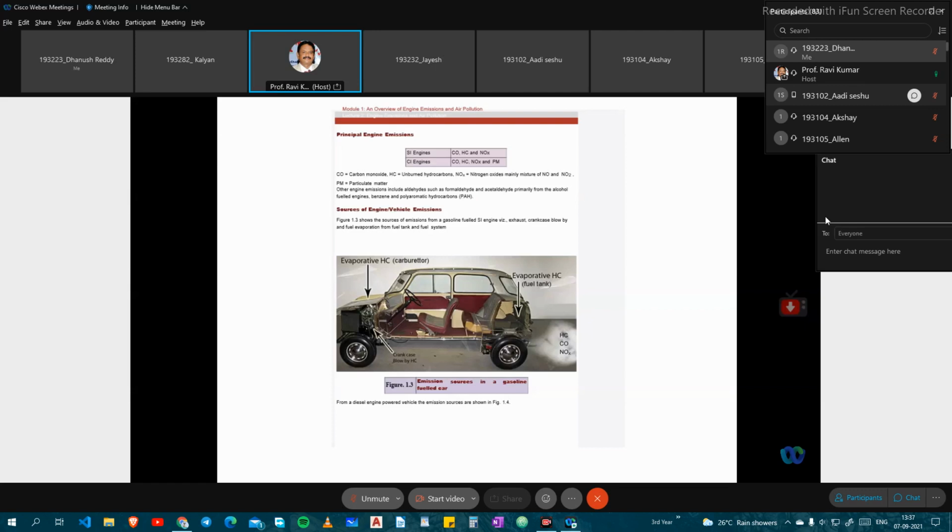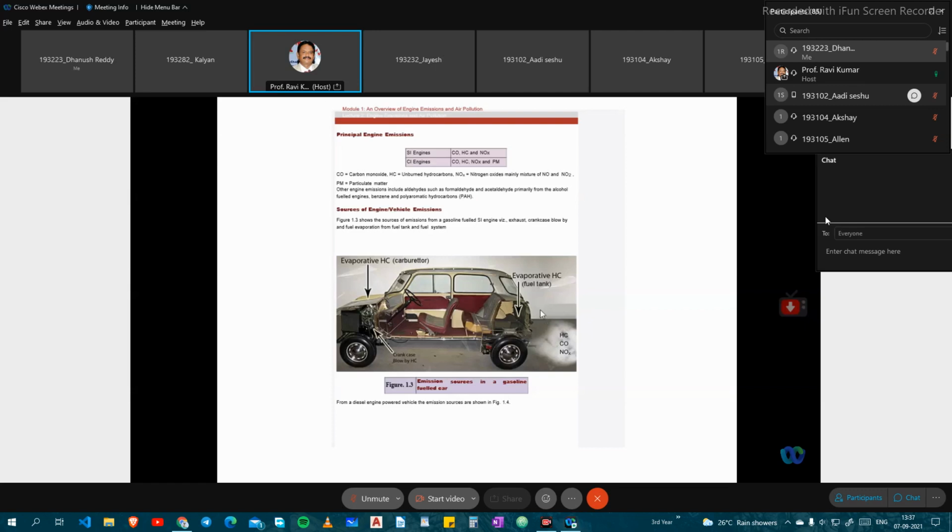In every fuel tank, like in two-wheelers, you may see a small hole on the cap of the nozzle, and according to the environment temperature, petrol being highly volatile evaporates, releasing evaporative hydrocarbons from the fuel tank. You can also see the exhaust, which has HC, CO and NOx.